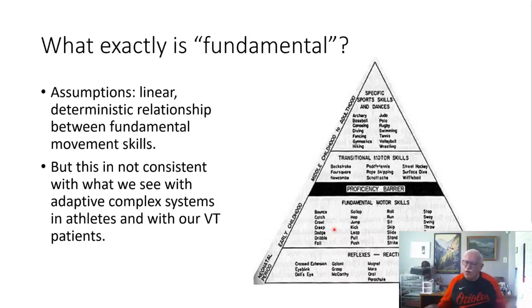Let's stop talking about these things developing in these hierarchies, okay? So there's this assumption that we have this linear, deterministic relationship between fundamental movement skills. But this is not consistent with what we actually see in adaptive, complex systems in athletes and with our vision therapy patients.